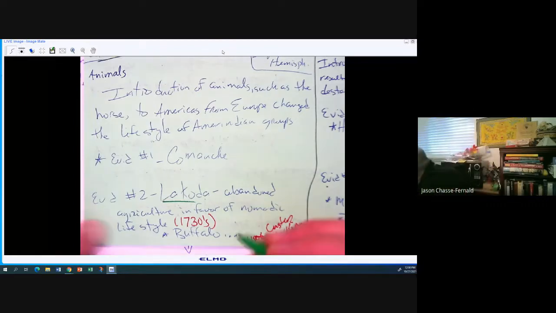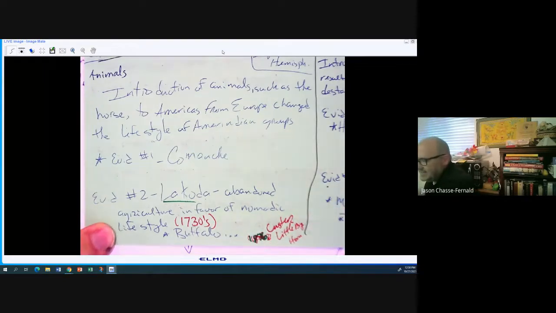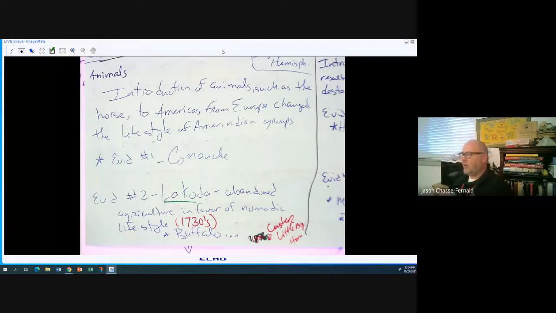I forget if it's 76 or 77. I think it's 1876. The Lakota experienced population growth through the 1700s and into the 1800s as well. But eventually, their nomadic lifestyle will come to an end at the Battle of Bighorn, Custer, right?